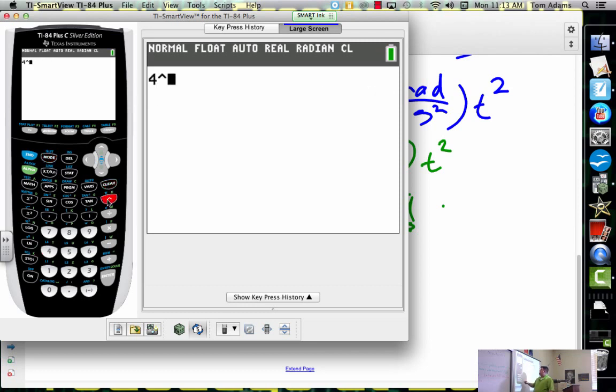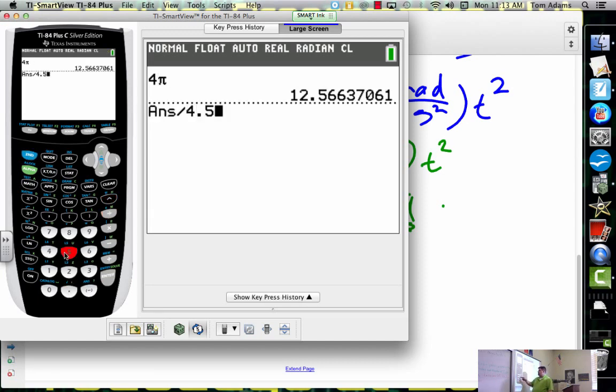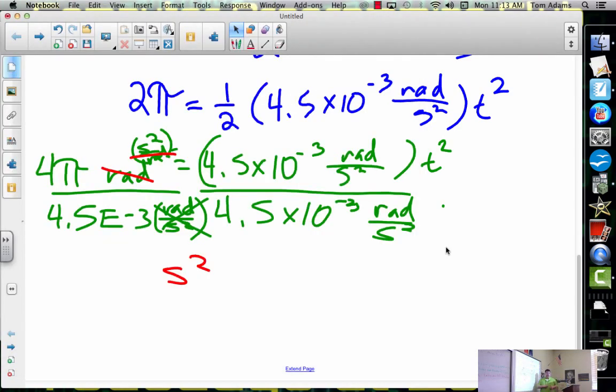4 times pi, whoops. This is really frustrating. That's 4 pi. We're going to divide it by 4.5 e to the negative 3. So I get that number. Okay? So we need to write that down.